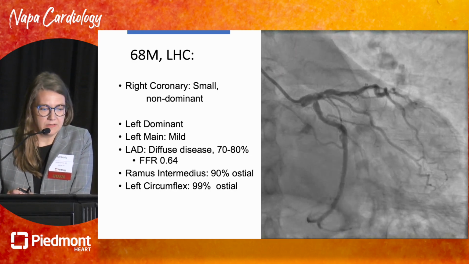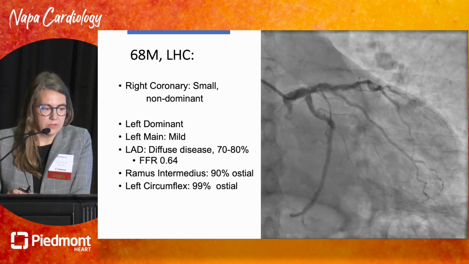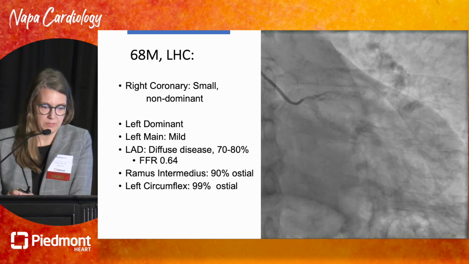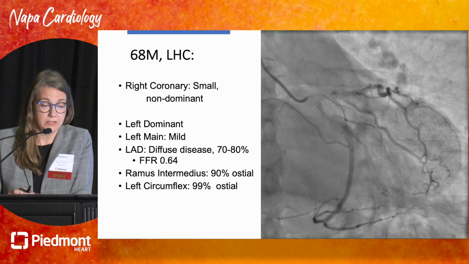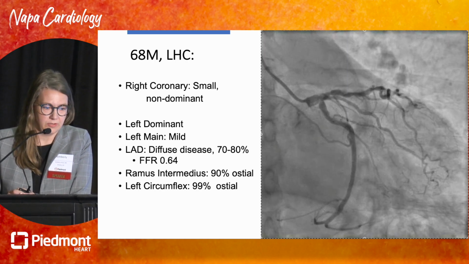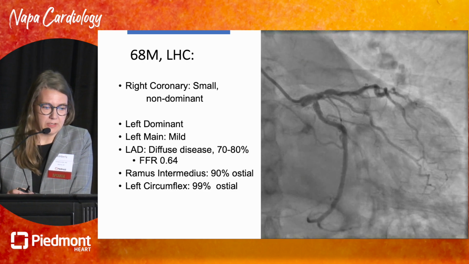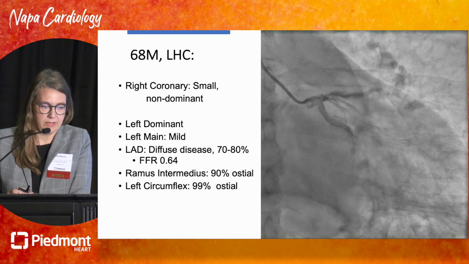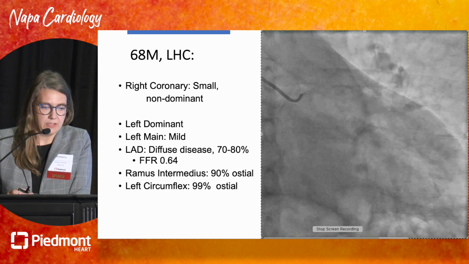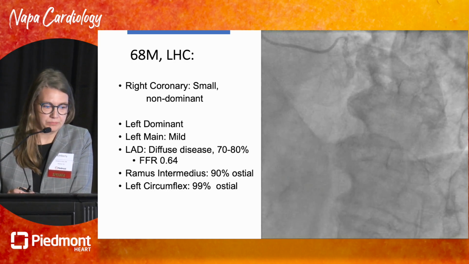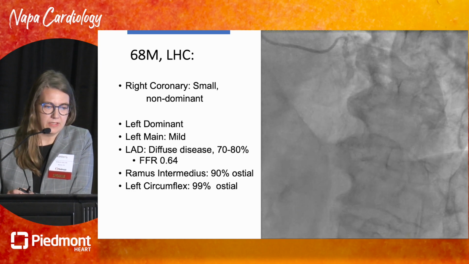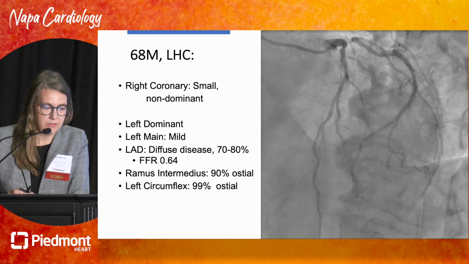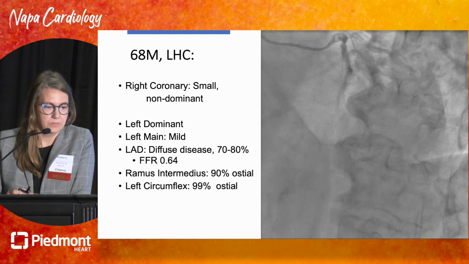When looking at this, it's important to know which side is dominant, but I'm also trying to figure out which targets we're going to go after. As discussed earlier today, the targets are really important both for stratifying patients for therapy and for planning our operation. This is another view of his LAD, some diffuse disease, but definitely there are targets there.